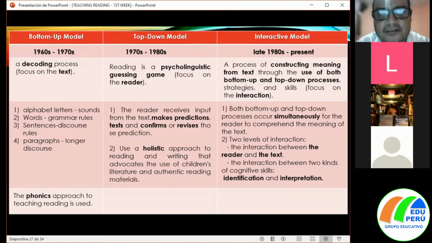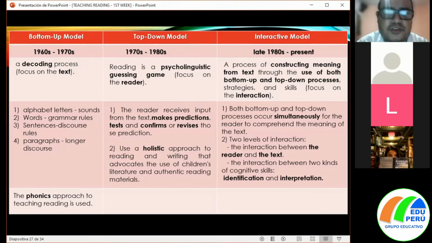All right? For example, you use this a lot with children. Little kids, kindergarten, you use this phonics approach when you teach the language. Sometimes we don't use it a lot. Sometimes you use a connection between the sounds and the letters. That's why here it says alphabet letters, sounds, words, grammar rules.